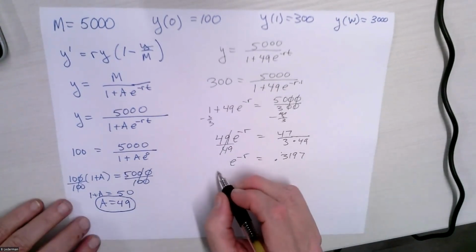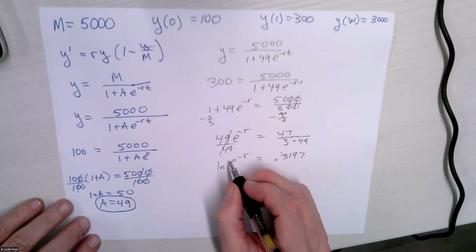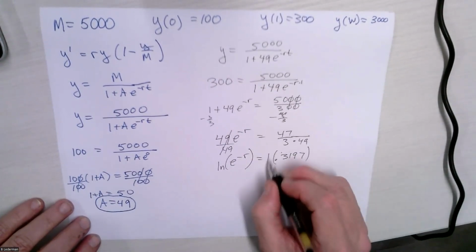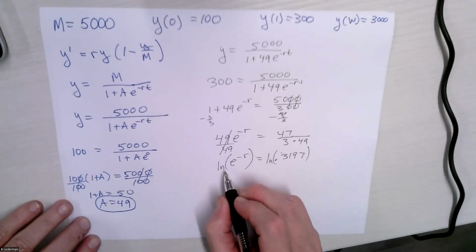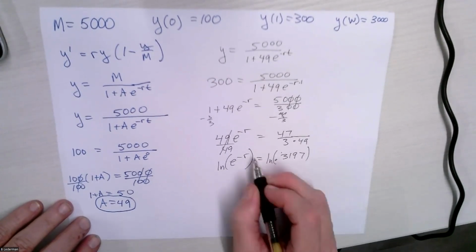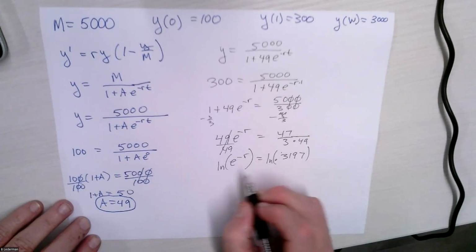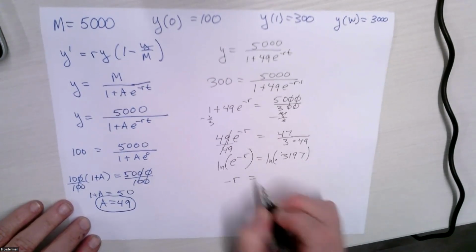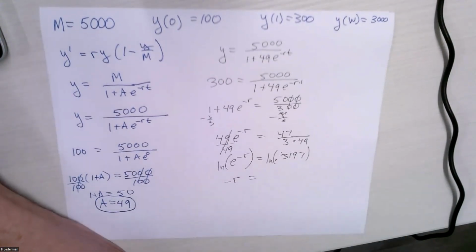Now I just take the ln of each side. So the ln and e cancel each other out because they're inverses. So that's just negative r is equal to the ln of 0.3197.